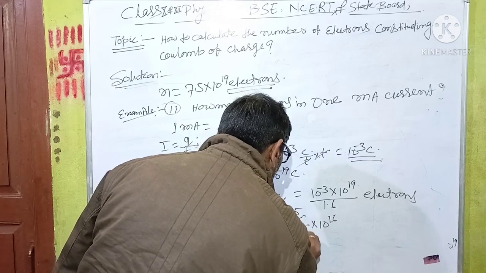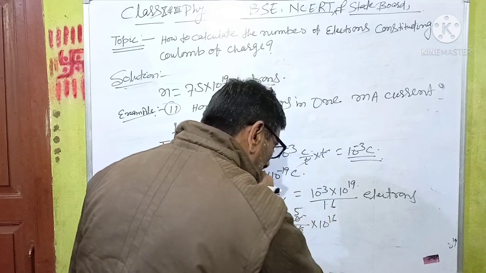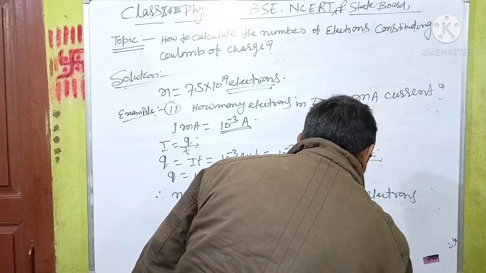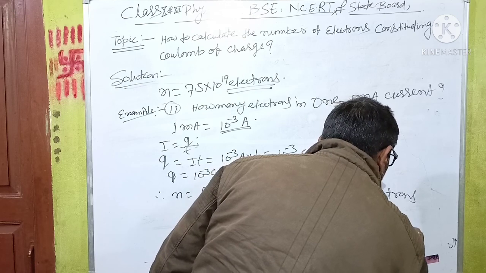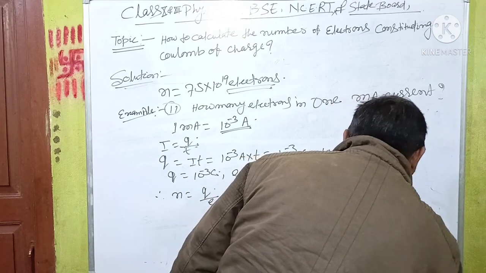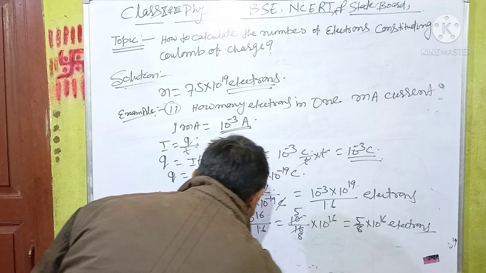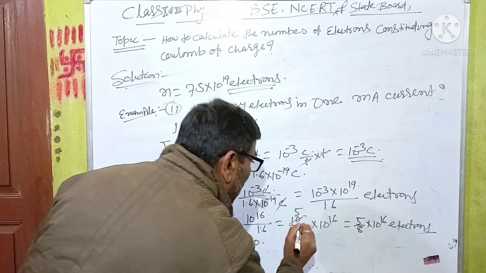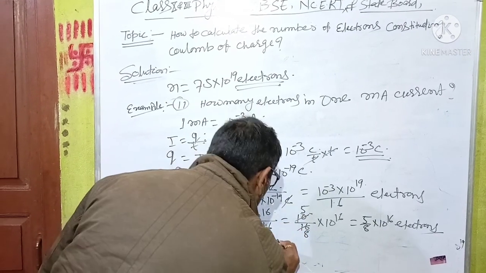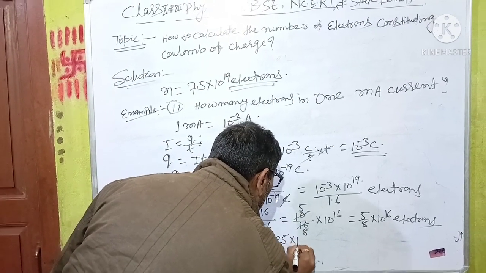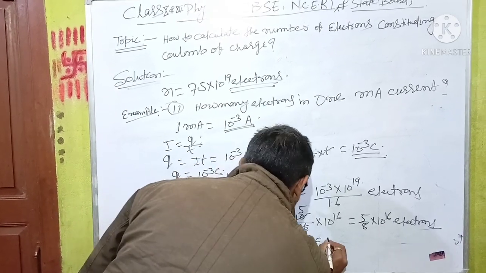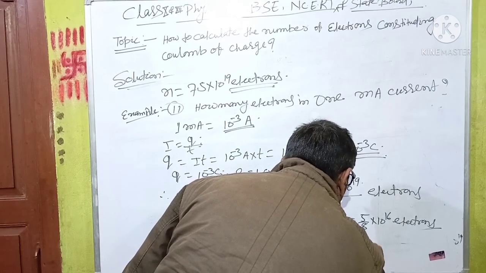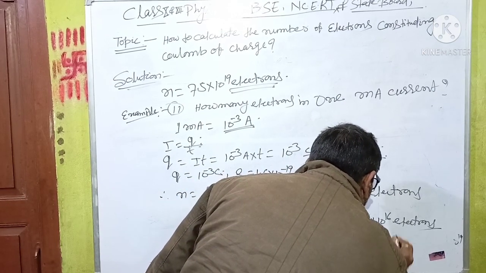Now 5 by 8 into 10 to the power 16 electrons is equal to 0.625 into 10 to the power 16, which is 6.25 into 10 to the power 15 electrons.